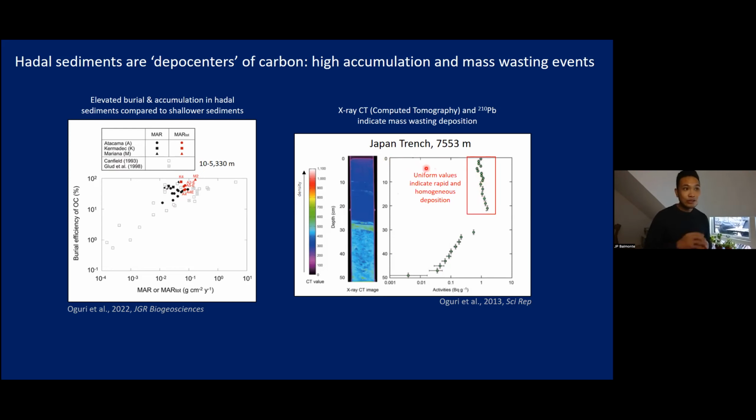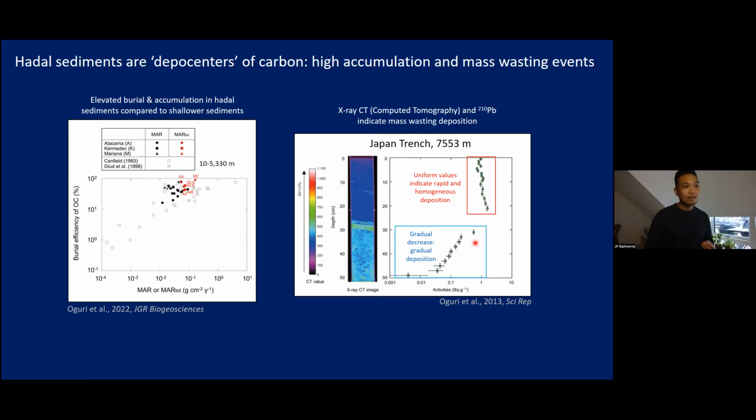So they look at the sediment core and the lead-210 profiles within, and they notice 2 different layers. One has uniform values, which indicates fairly rapid and homogeneous deposition. That's because of this earthquake. It moved a lot of things from shallower areas into the deep parts of the Japan Trench. And then this other layer shows a gradual decrease, which is very indicative of gradual deposition, right?